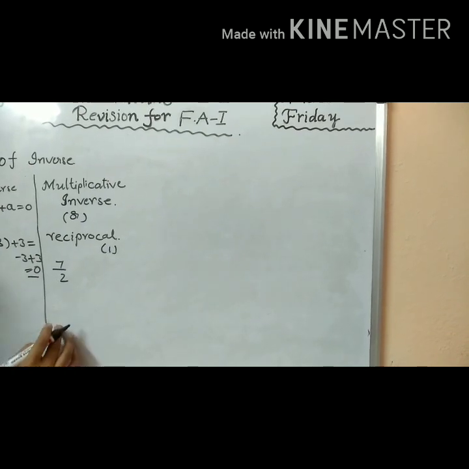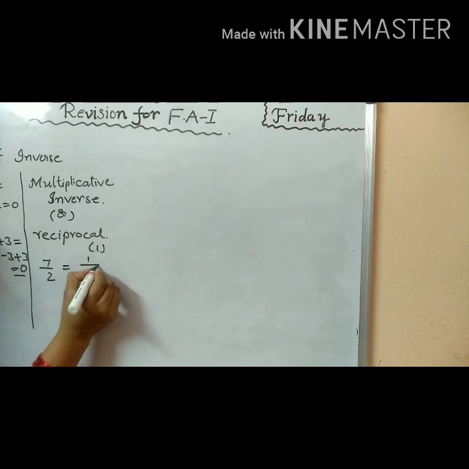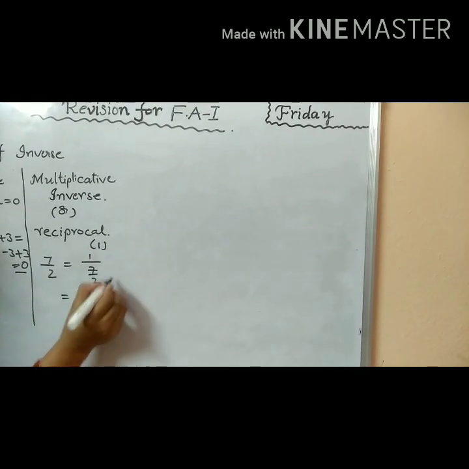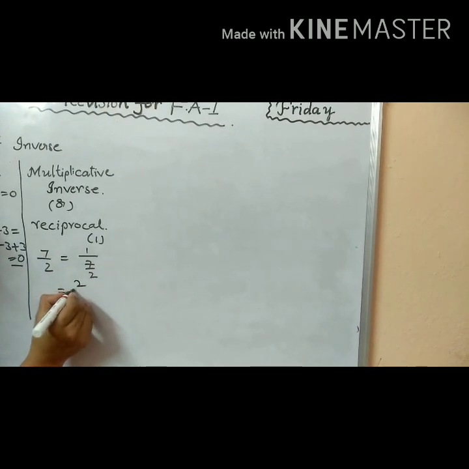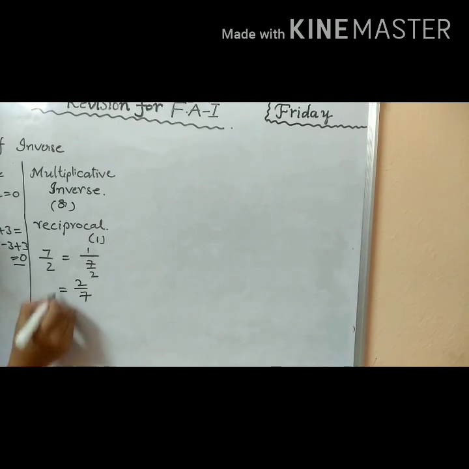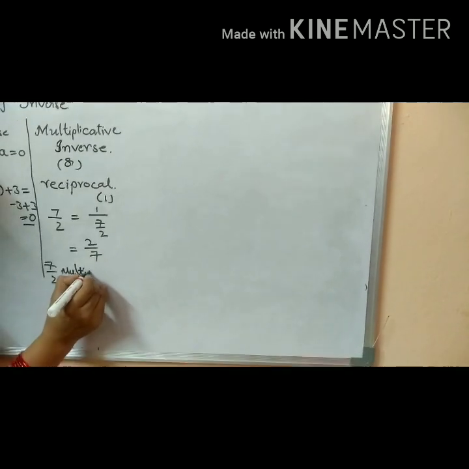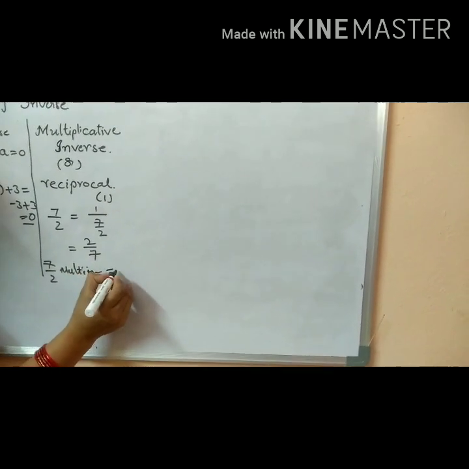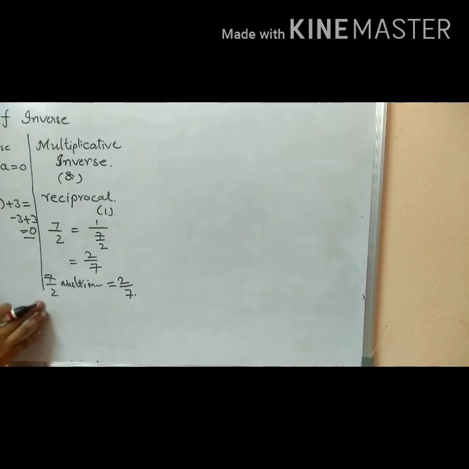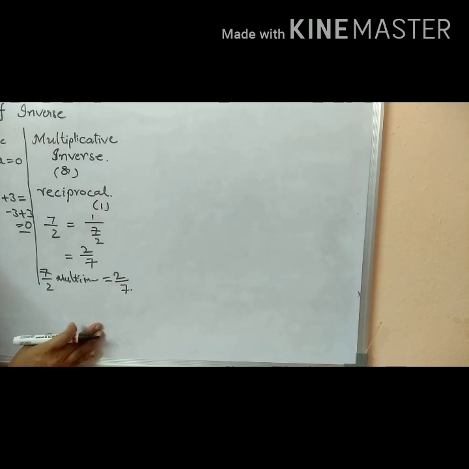The multiplicative inverse of 7 by 2 is 1 by 7 by 2. So it is the reverse fraction, 2 by 7. The multiplicative inverse of 7 by 2 equal to 2 by 7. Did you understand this one?